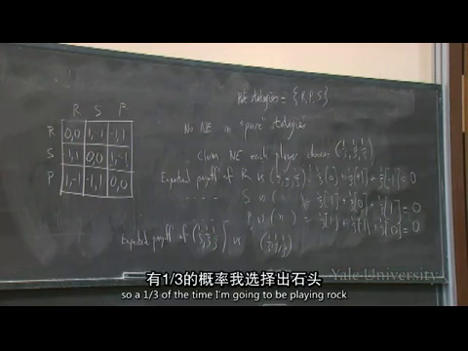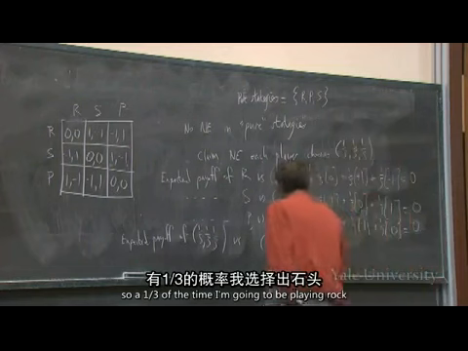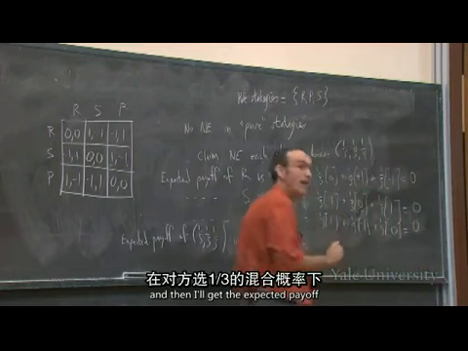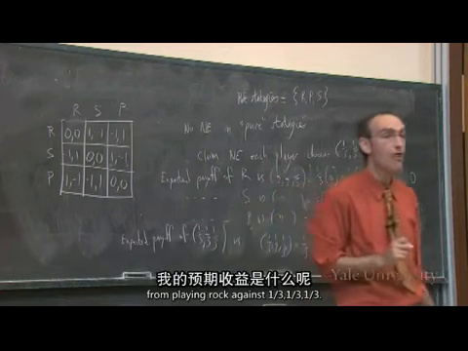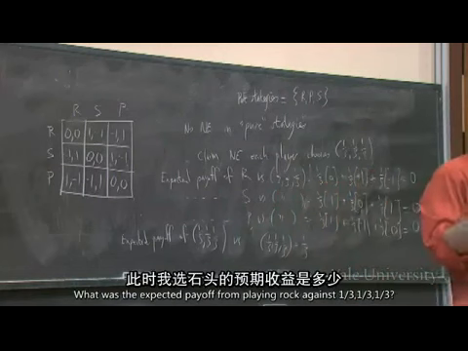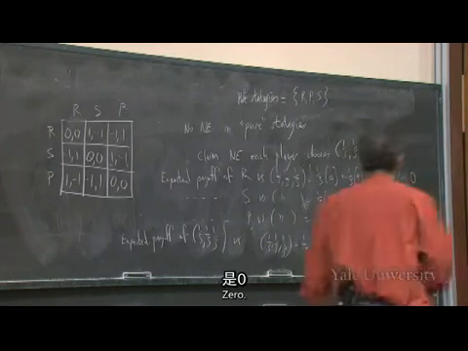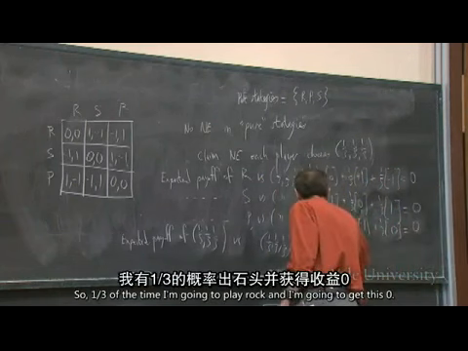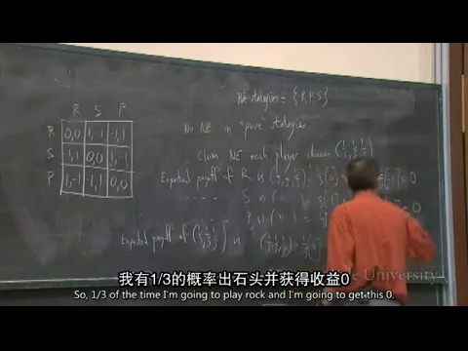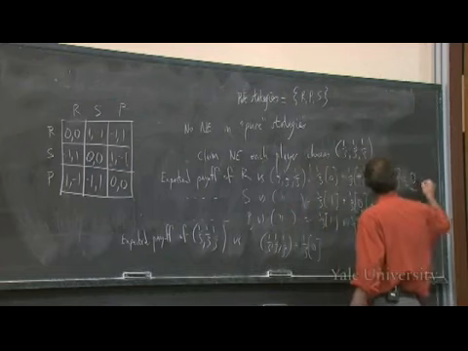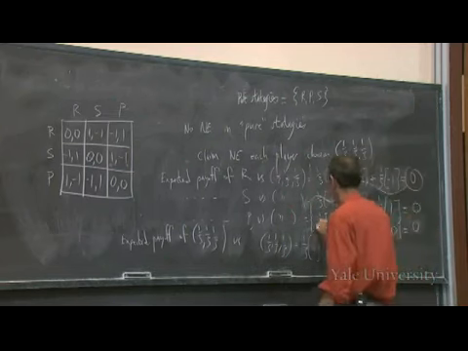So a third of the time, I'm going to be playing rock, and then I'll get the expected payoff from playing rock against a third, a third, a third. What was the expected payoff from playing rock against a third, a third, a third? 0. So a third of the time, I'm going to play rock, and I'm going to get this 0. Let me just do it without colors messily.